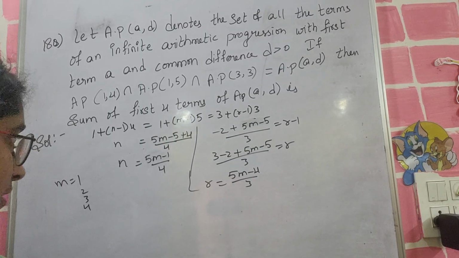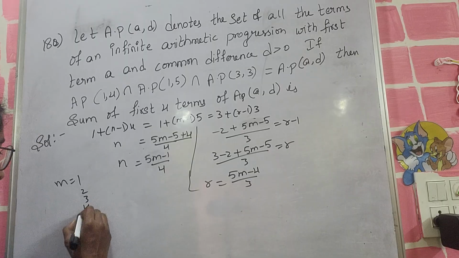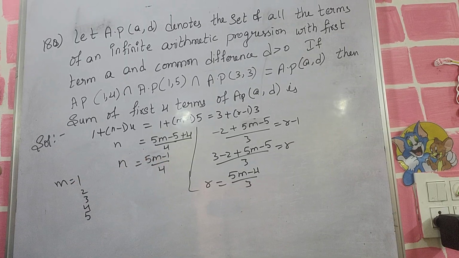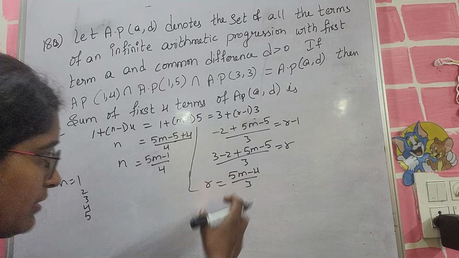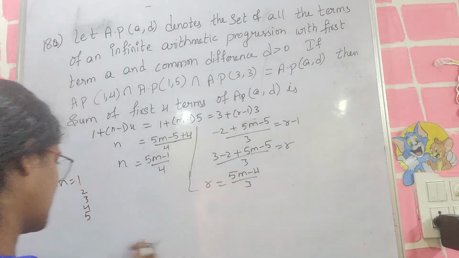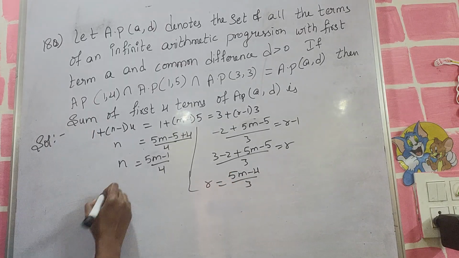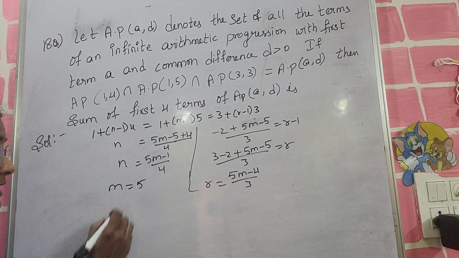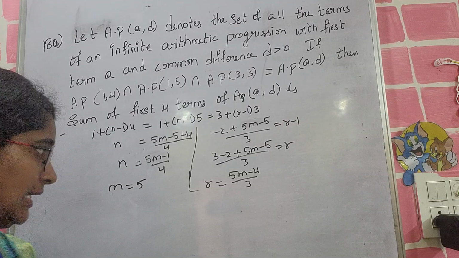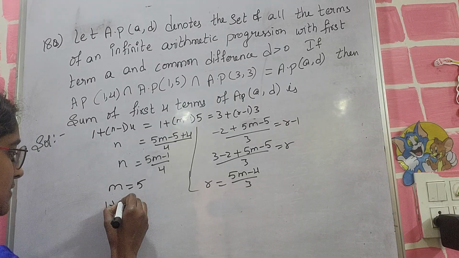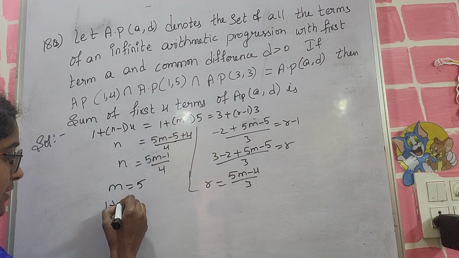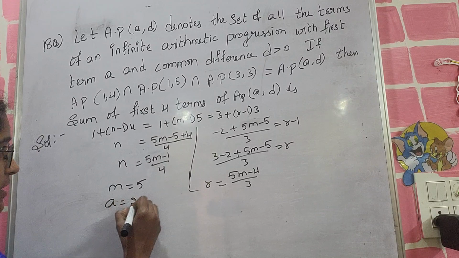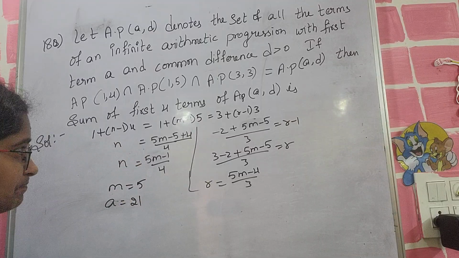Yeah, the same thing, I got confused. If I substitute 5, 5 fives are 25 minus 1 is 24, divided by 4 is okay. Then 25 minus 1 is absolutely correct. So m is equal to 5. Then if I substitute 5 in this, I'm going to get the value of A. 1 plus (5 minus 1) is 4, 4 fives are 20, so A is equal to 21.